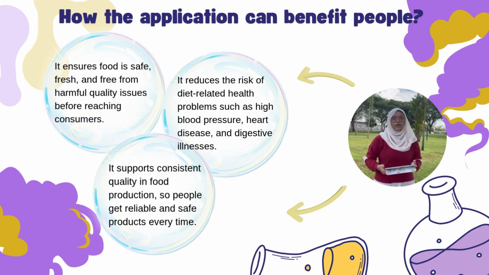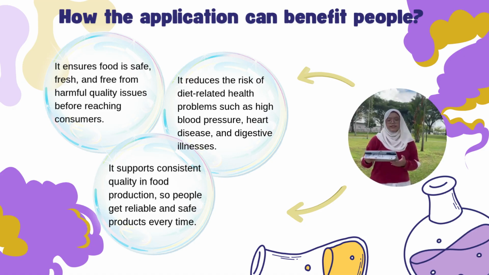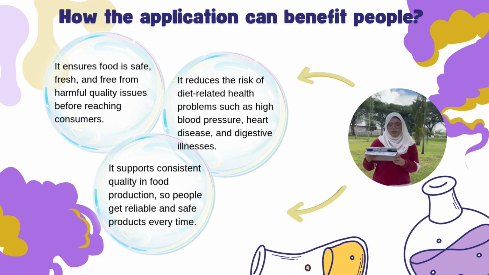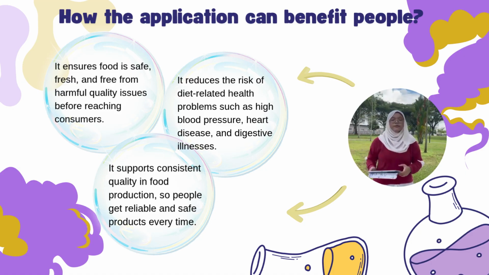This helps ensure that every batch of food meets the same quality standards before being released to the market. As a result, manufacturers can reduce production errors, improve efficiency, and maintain customer satisfaction.